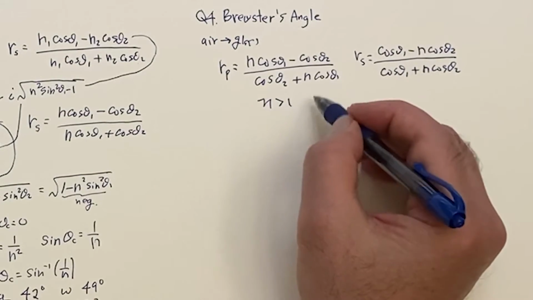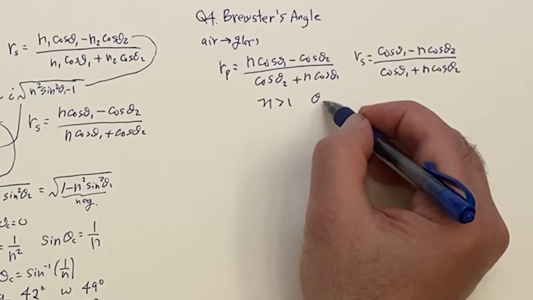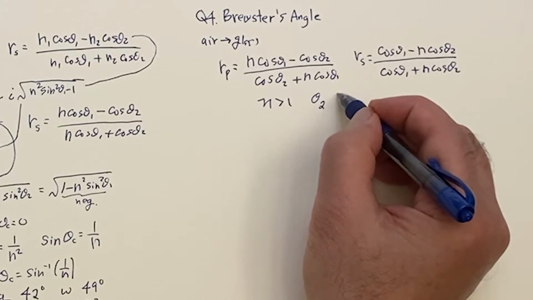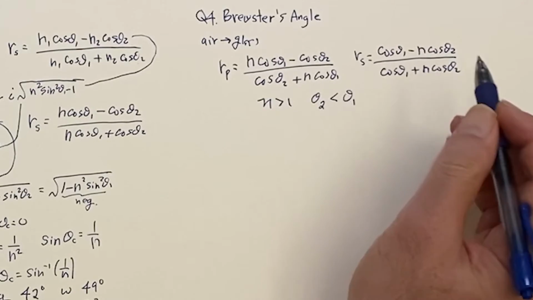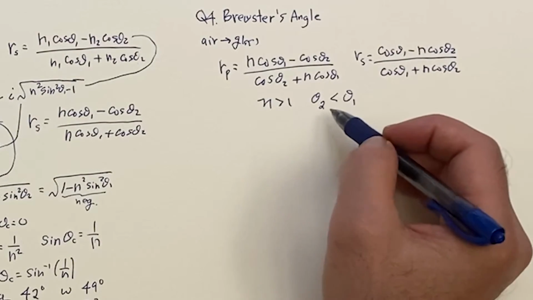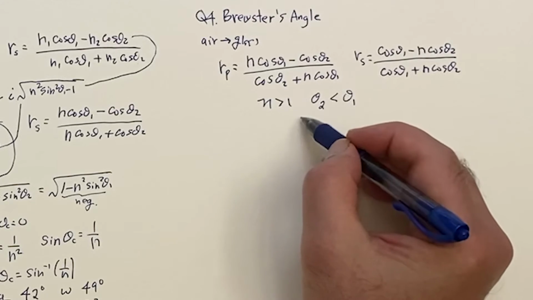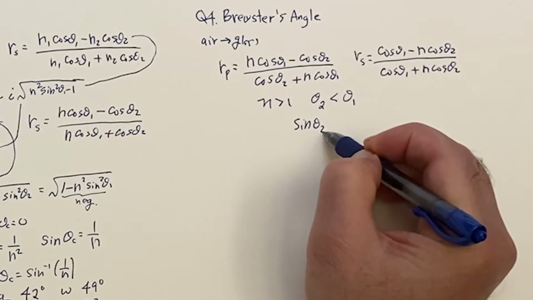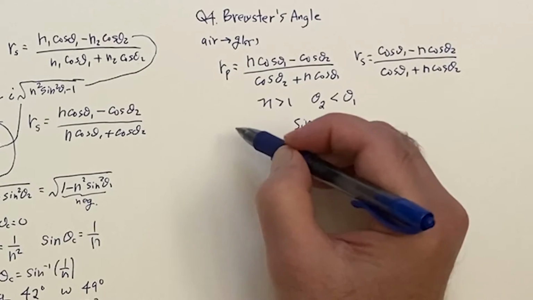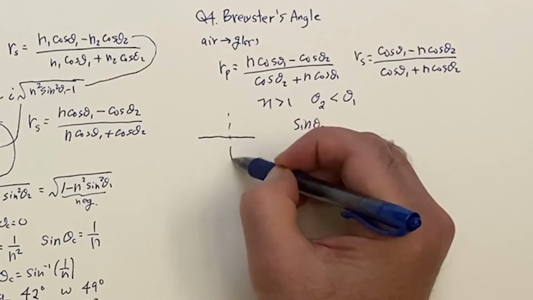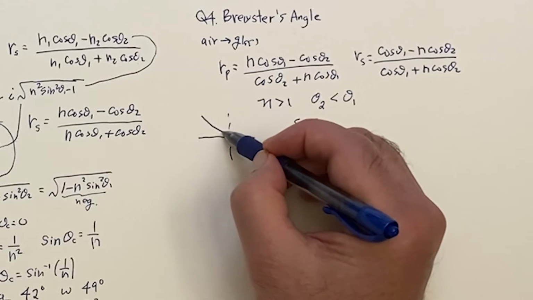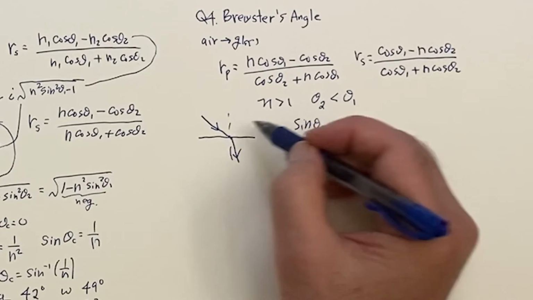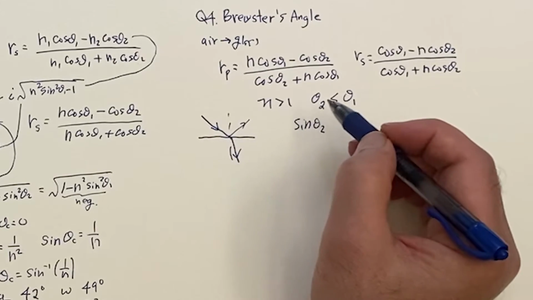If N is greater than 1, the transmitted angle, as you bend toward the normal, is going to be less than the incident one. So this means that the sine of theta 2, let's go ahead and draw a little picture here. If you're coming in from air and going to glass like this, you get some reflection.